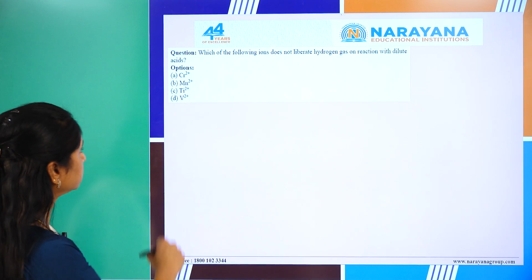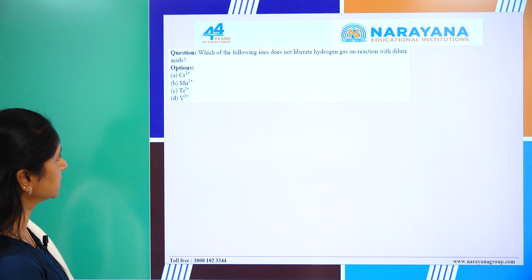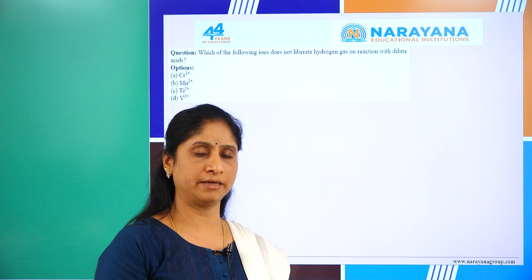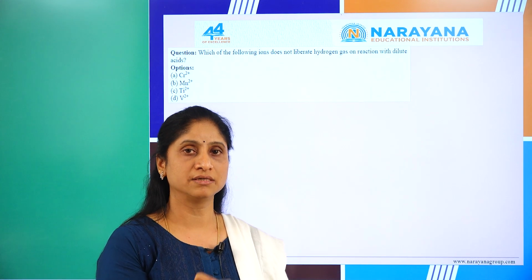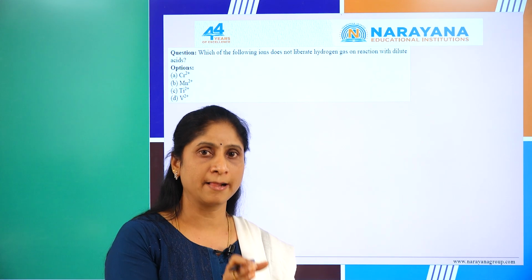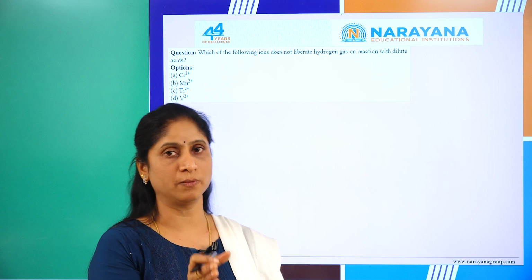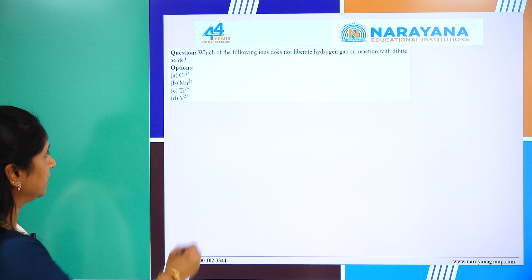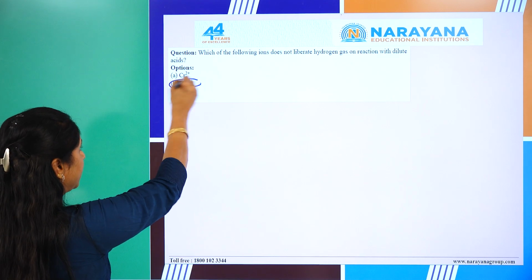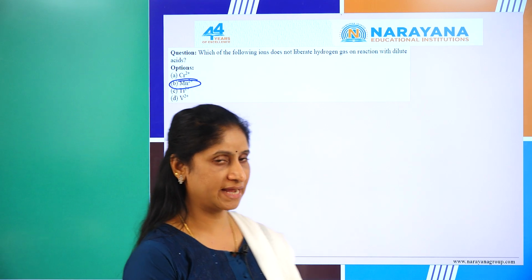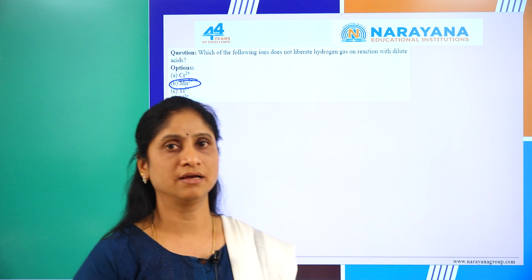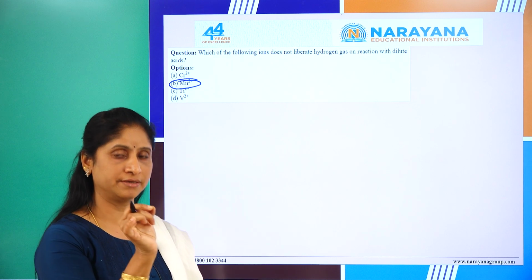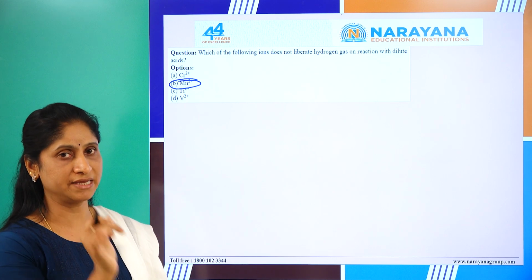Here, even though Cr2+, Mn2+, Ti2+, V2+, if you refer to the SRP values of the d-block metal plus 2 to 0, are all negative, particularly Mn2+ cannot liberate hydrogen gas from dilute acids, because Mn2+ is a stable oxidation state for manganese.